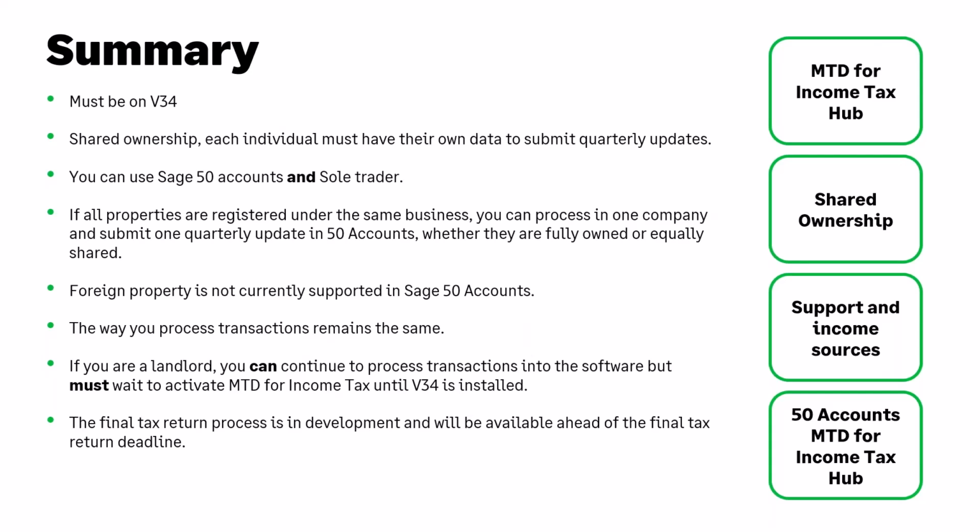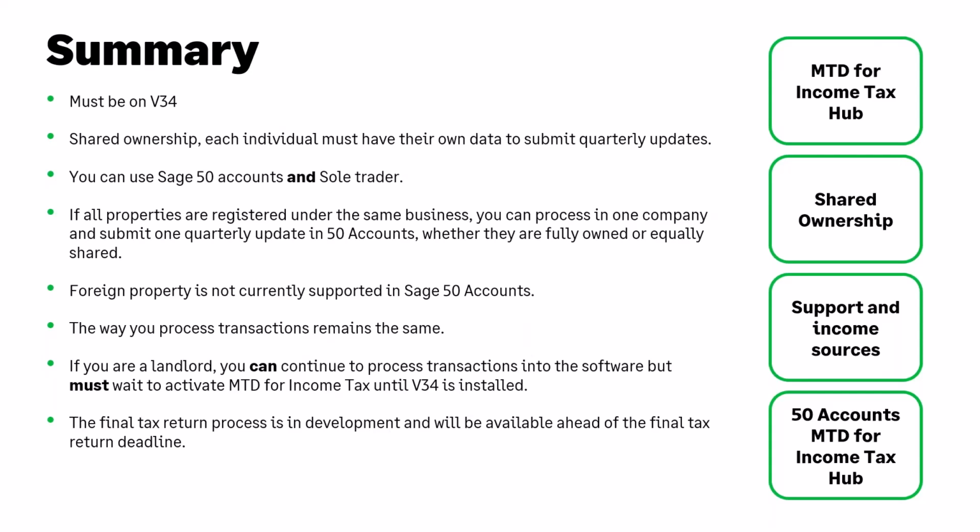If all properties are registered under the same business or same individual, you can process in one company and submit one quarterly update in Sage 50 accounts, whether they are fully owned or equally shared. So in that example, you might have a few properties, but as long as they're all 50% or they're all 33.3% or whatever, as long as they're all equally shared, that's fine. Foreign property is not currently supported in Sage 50 accounts. The way that you process transactions remains the same.